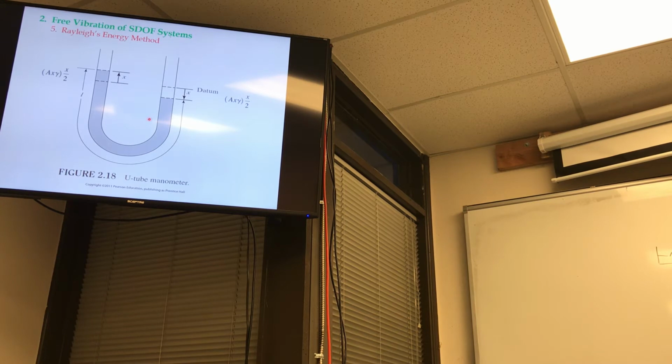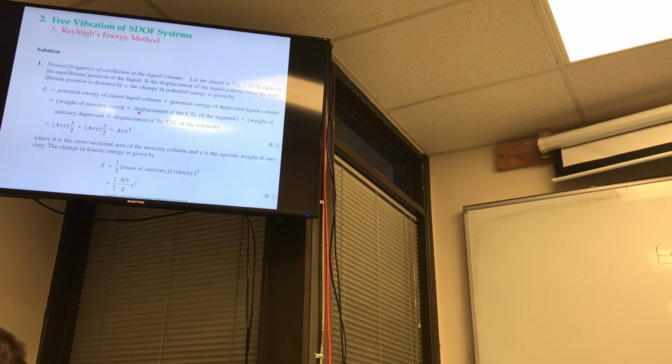So looking at the analysis of the natural frequency of oscillation of the liquid column, U is the potential energy of the raised column plus the potential energy of the depressed one, and they are exactly the same because it's symmetrical. Both of them want to come back to the equilibrium position.